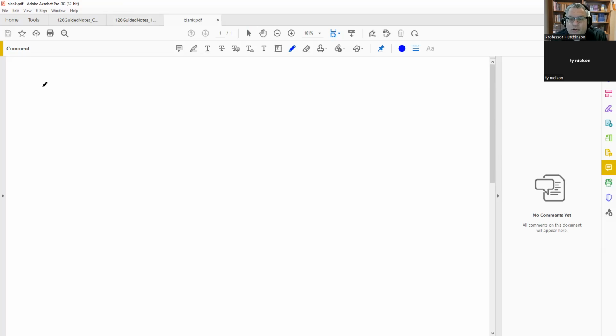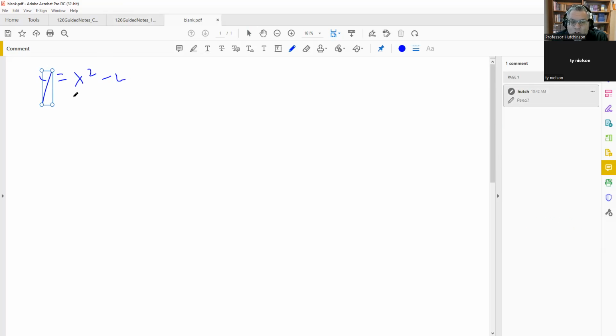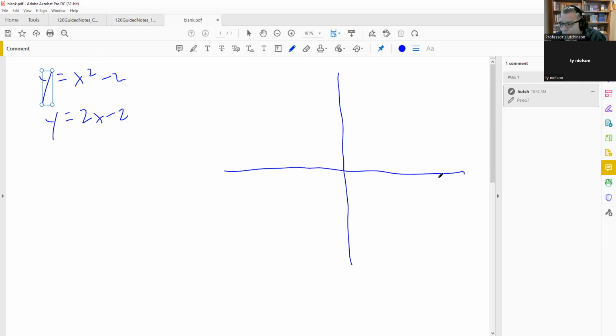I'm going to show you the first two equations. We have this and we have this, and it's going to ask us to graph these and find the point of intersection. So let's do the graphs of these first by hand, and then we'll use the graphing tool to answer it.